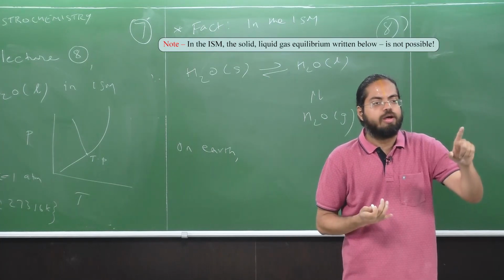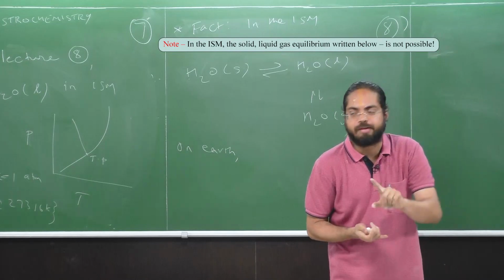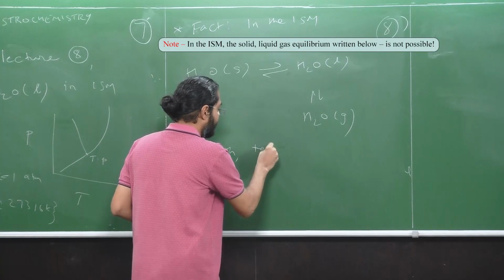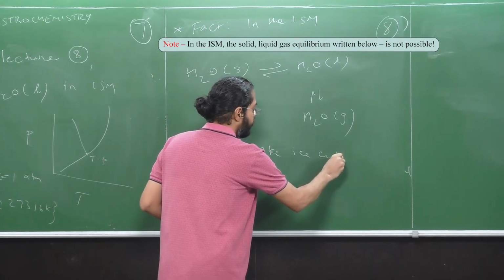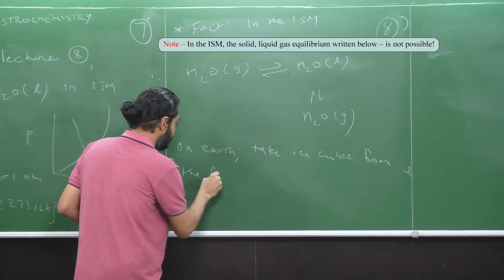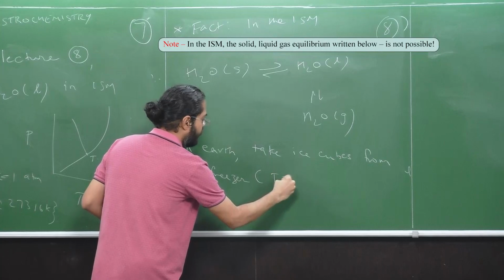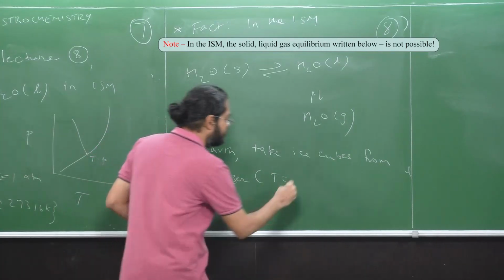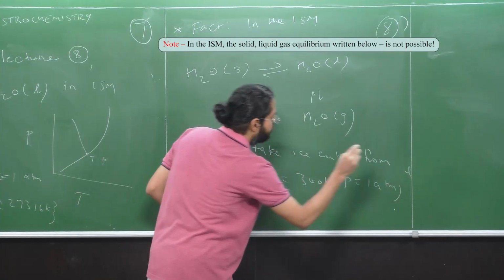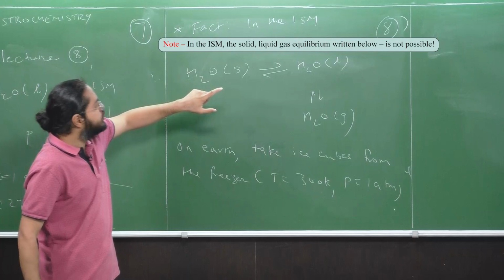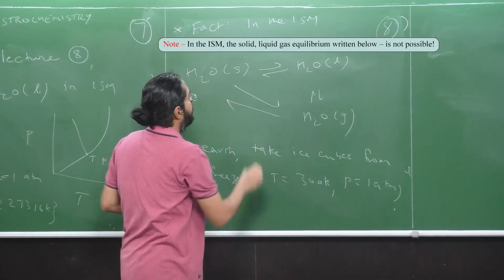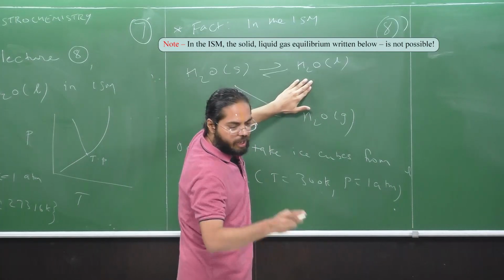The ice cubes will not just melt, they will also sublime, correct? On Earth, once you take ice cubes out of the freezer, at approximately T equals 300 Kelvin and the pressure being 1 atm, you notice that it is not just H2O solid to liquid, it's also H2O solid to gas. You don't see this equilibrium though. Am I clear?